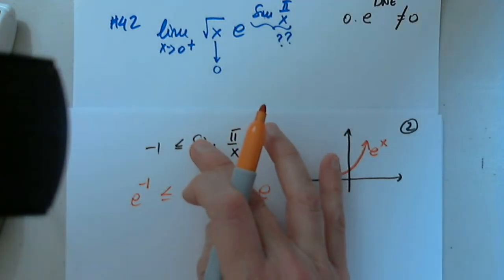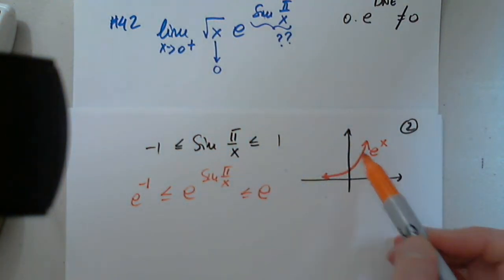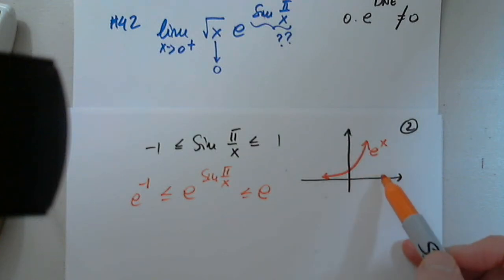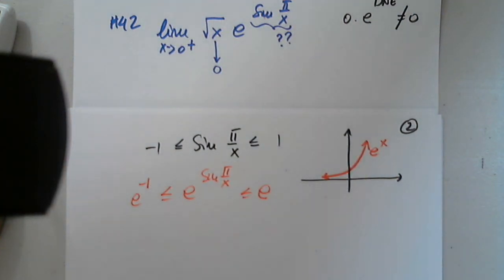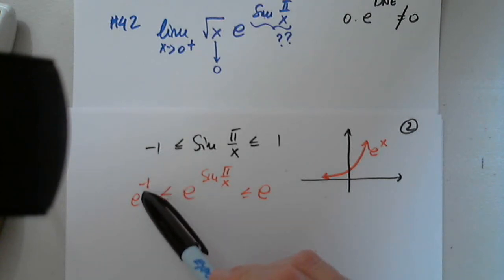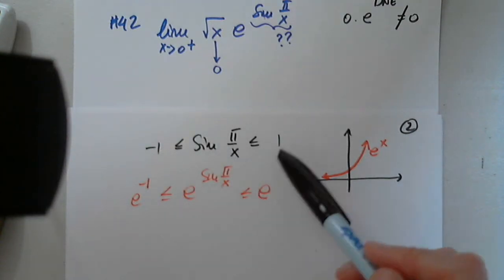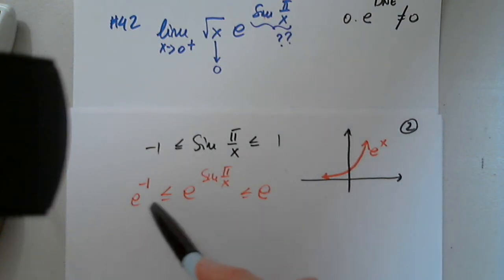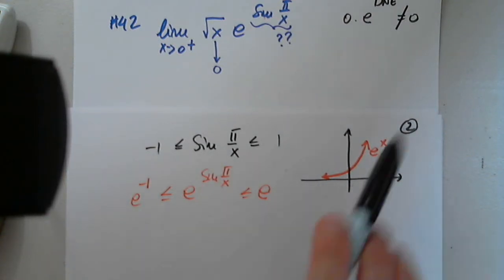If I have cosine in here, cosine is a decreasing function. So it's a different analysis. But sine is increasing, e to the x is increasing, which means that if I apply this power to e, this power to e, and this power to e, these numbers have to be increasing.